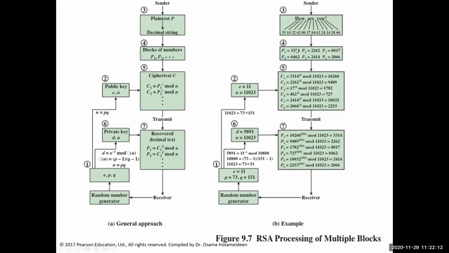This is less than 11,023. So all of these numbers, H O W A R E Y O U question mark, if we combine them together, they will be less than 11,023. Now we have each consecutive pair in a number.